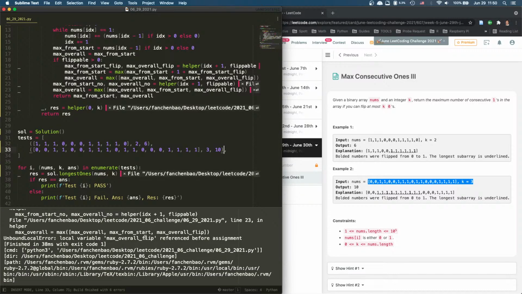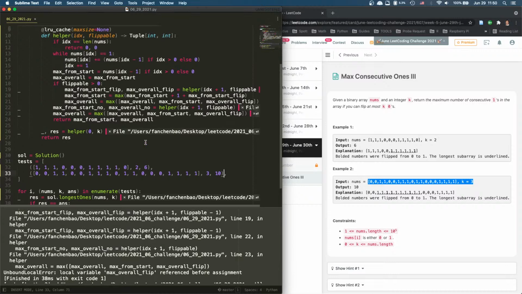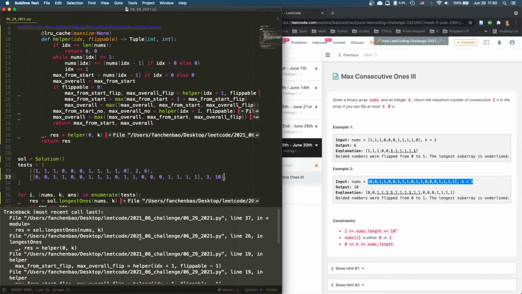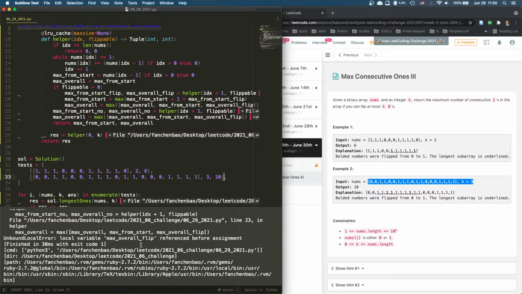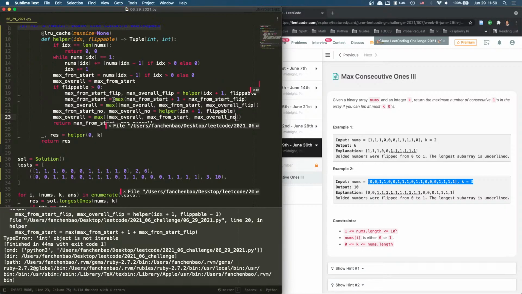Local variable referenced before assignment. Where? Which variable? Max overall flip. Oh, there's no max overall flip. This is max overall no. Yeah, it's max overall no. No flip. Yeah, because I already done this. Int object is not iterable.